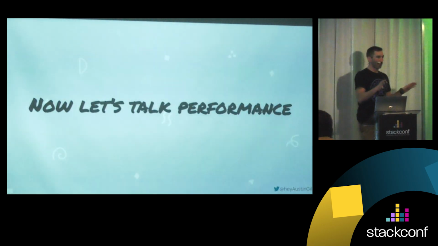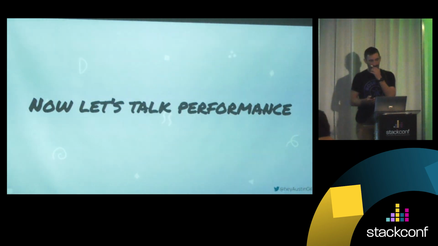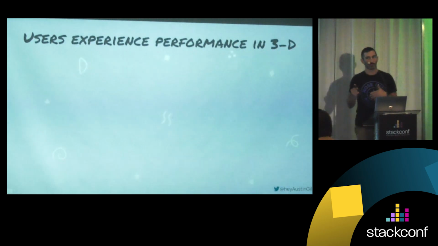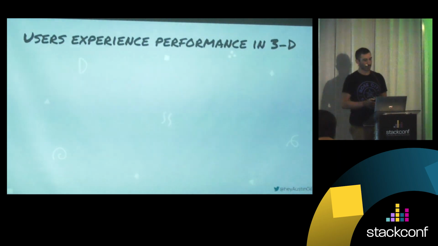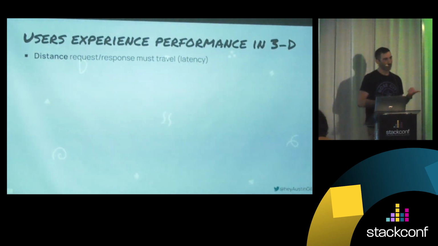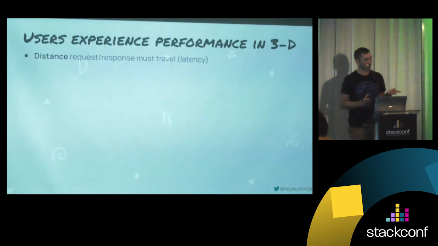Okay, so all of that kind of compute and edge defined, I like to take a moment to talk about performance, because this is going to be the most relevant subject when talking about edge compute. And I like to say that users experience performance in 3D. That is, number 1, the distance that a request and response have to travel. This is also referred to as latency.